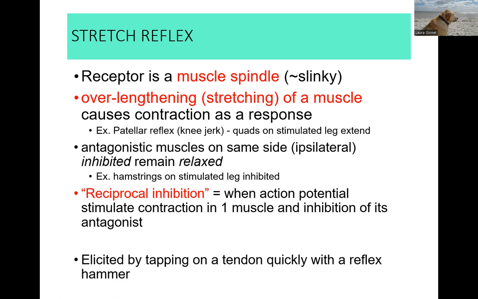That causes a quick stretch in that biceps muscle, so the impulses travel on the sensory neuron to the spinal cord, to the association neuron, to the motor neuron, and the motor neuron back to the biceps brachii will be to, I'm sorry, stimulate it, contract it, because it's getting overly stretched. And to the opposition, like the triceps brachii, you would inhibit that.